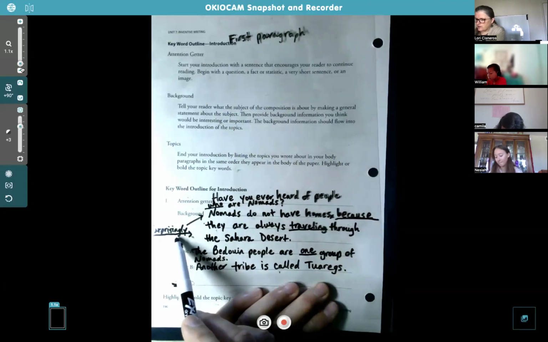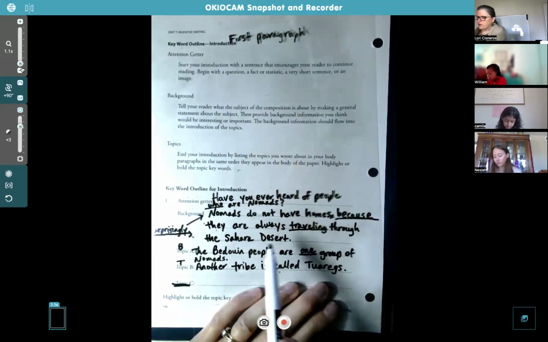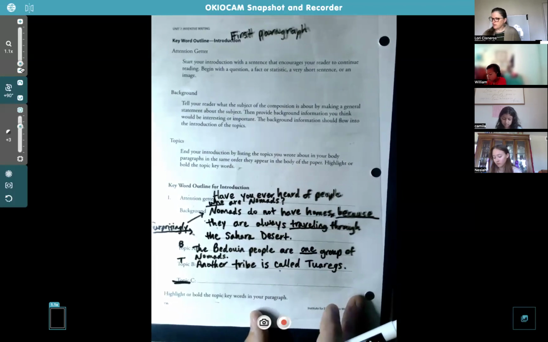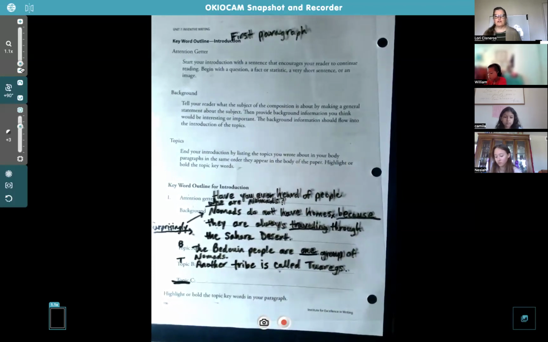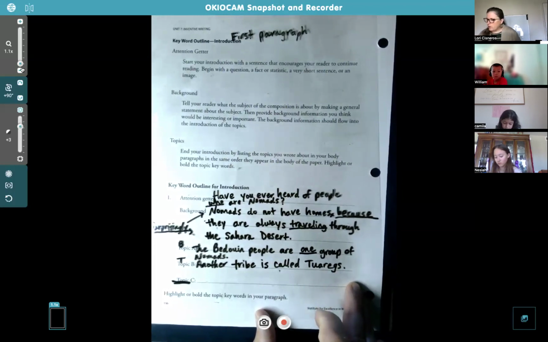So now it says surprisingly nomads do not have homes because they are always traveling through the Sahara Desert. Cool. And now I think we just need an Asia word: as when, while, where, as, since, if, although, because. Not because, we already have a because clause. So when, while, where, as, since, if, although. So we need a spot for that. We might have to add an extra sentence here.